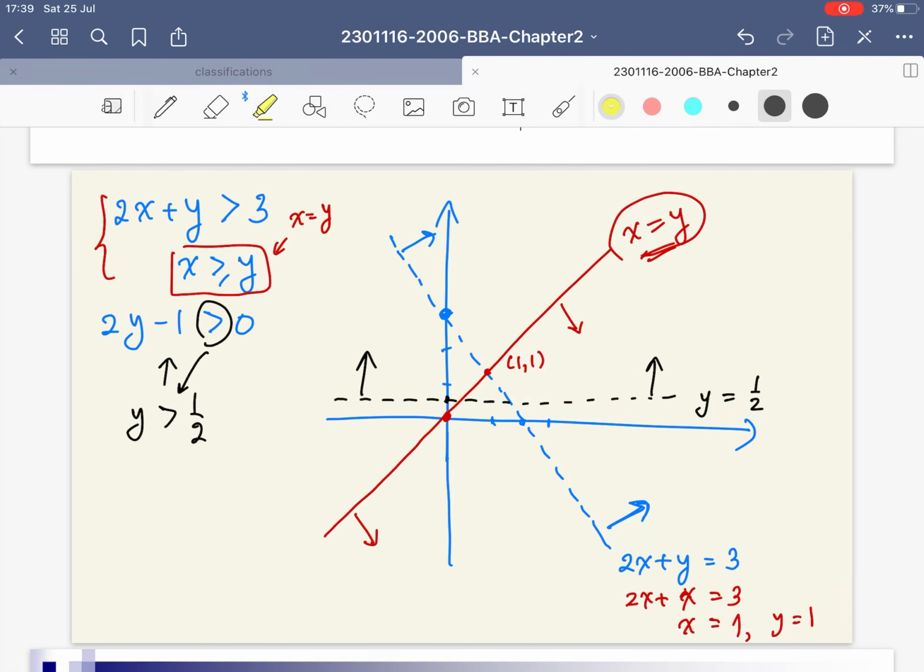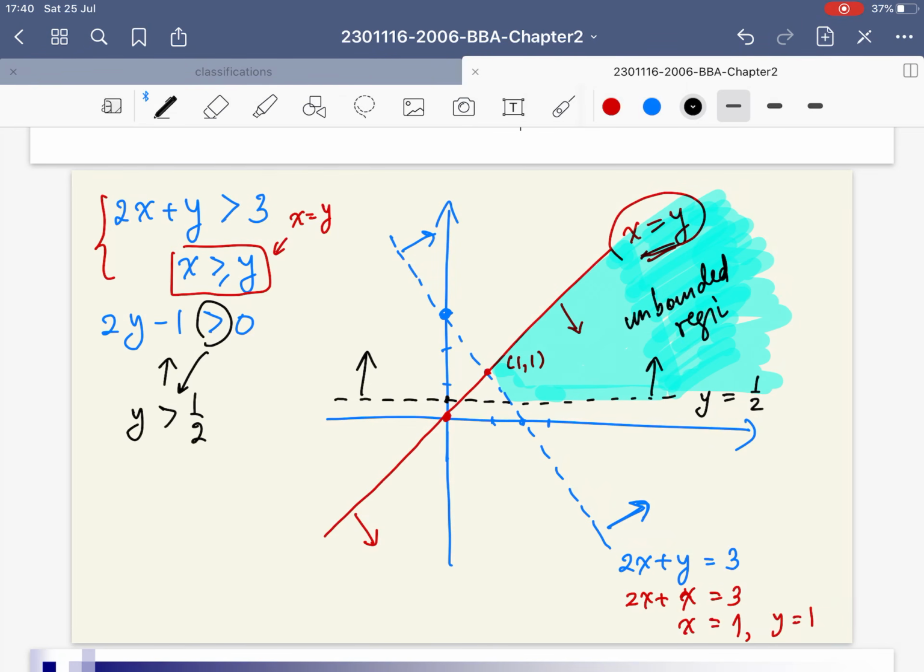So here is the region that you are looking for. And this region still extends, as your x and your y get larger and larger. So we call this kind of region an unbounded region.